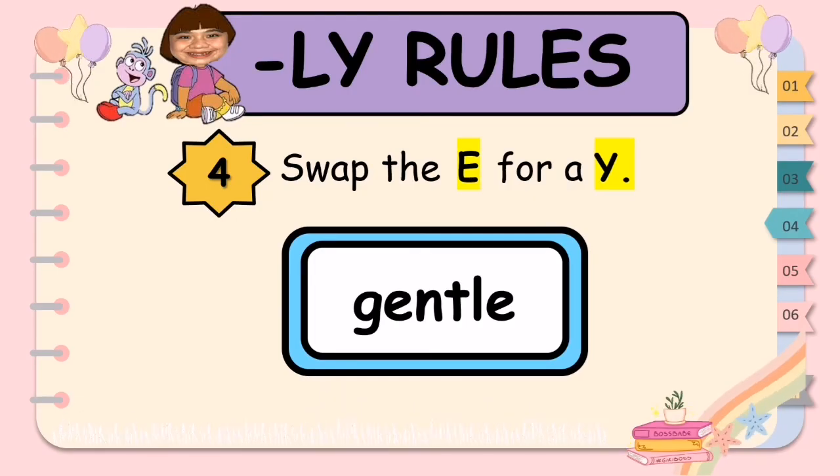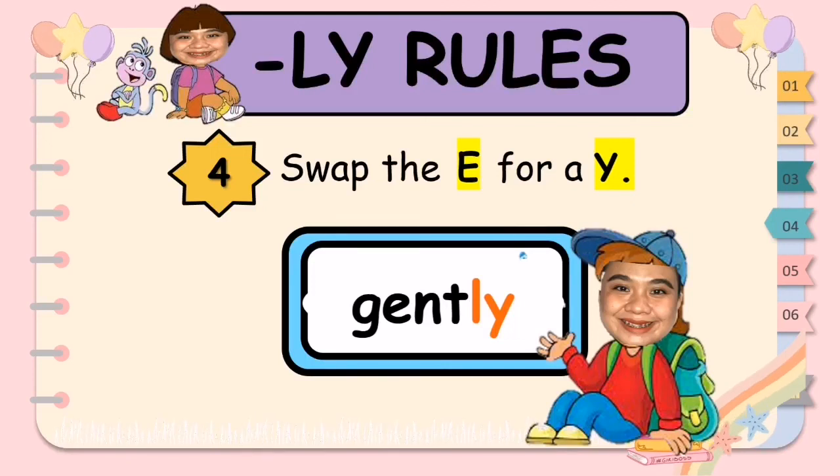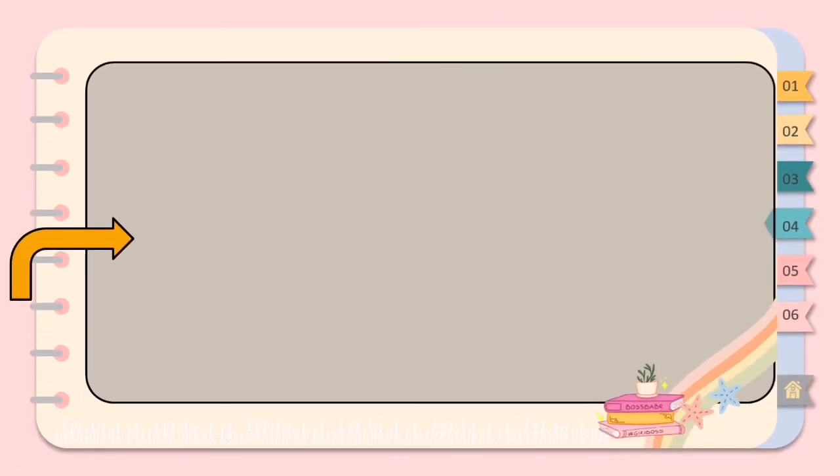Example, gentle. So this one ends with letter e. So let's swap e for a y. So it becomes gently. So those are the different ly rules.